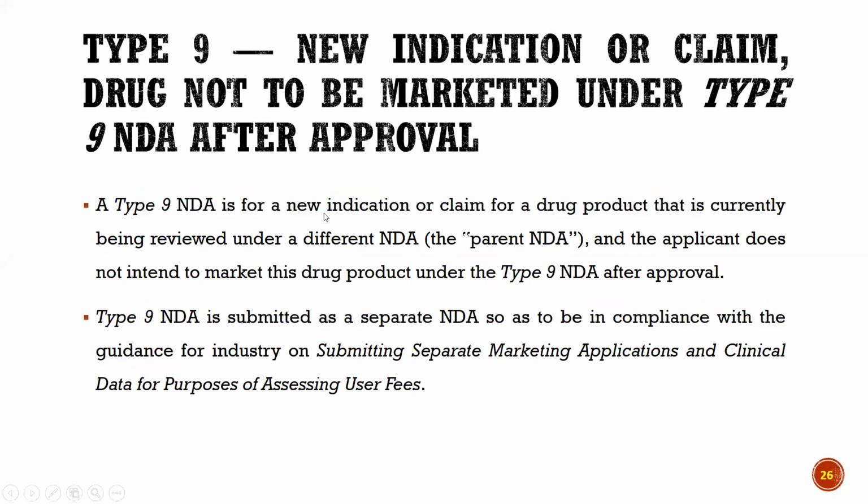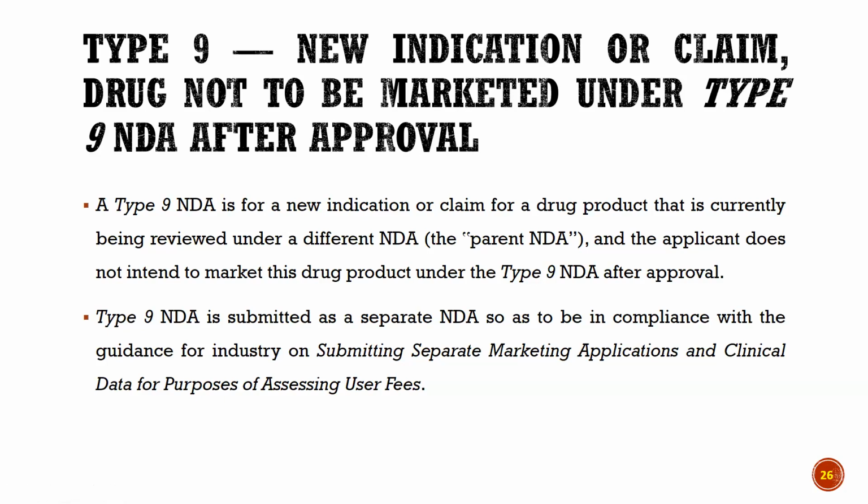Whenever this type of application is filed and it is currently under review by the different NDA, at that time we cannot do this. Type 9 NDA is submitted as a separate NDA so as to be in compliance with the guidance for industry on submitting separate marketing applications and clinical data for purposes of assessing user fees.